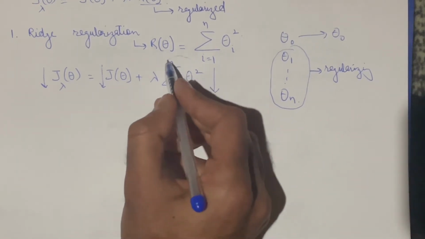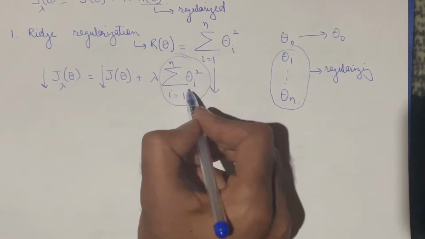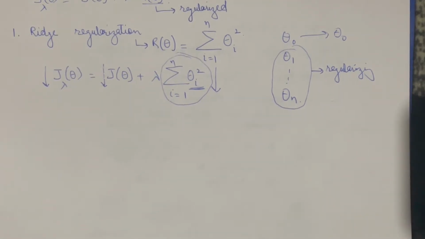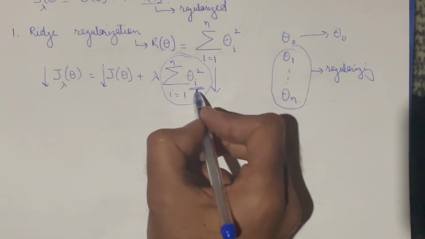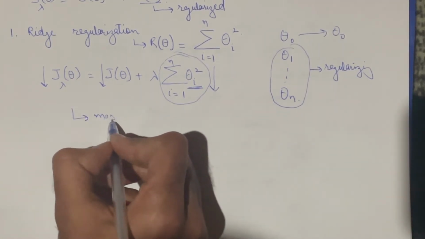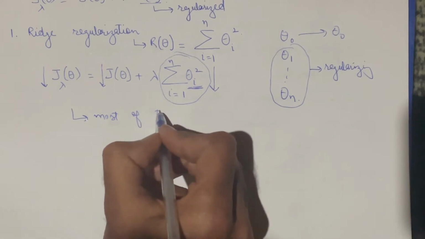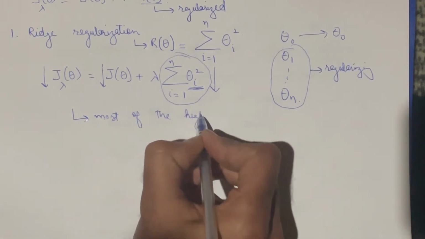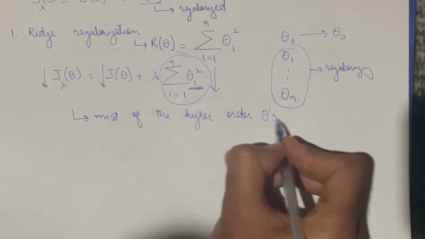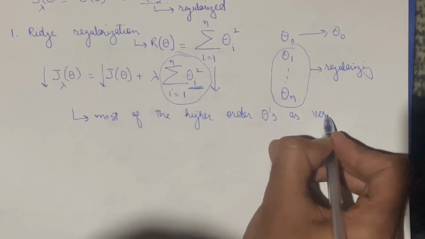And this term will be decreased only if we decrease the theta i's. By decreasing the theta i's, we will be making most of the higher order thetas very small.